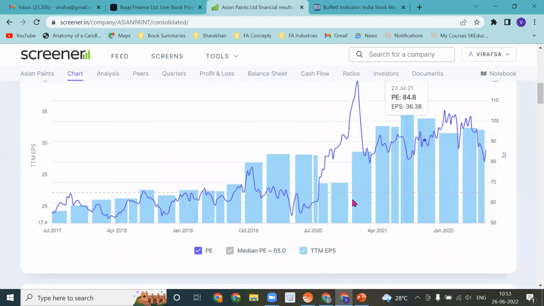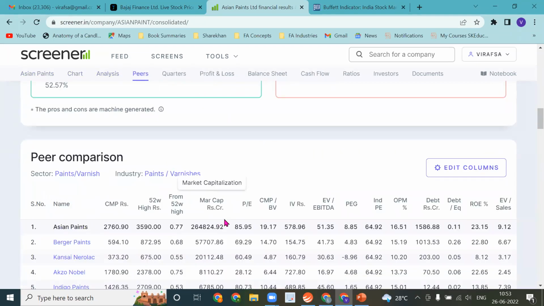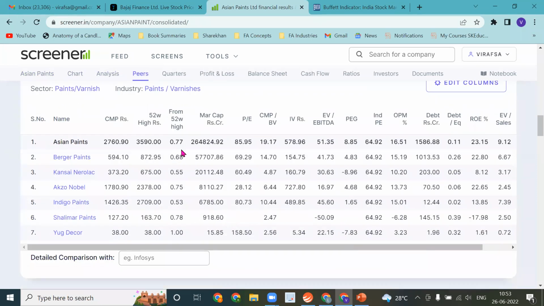Here you can see the average PE is around 65 and this fellow is around 86. Okay. The cost is very high. That is one of the major problems. See the PE, the peers comparison. See the prices.